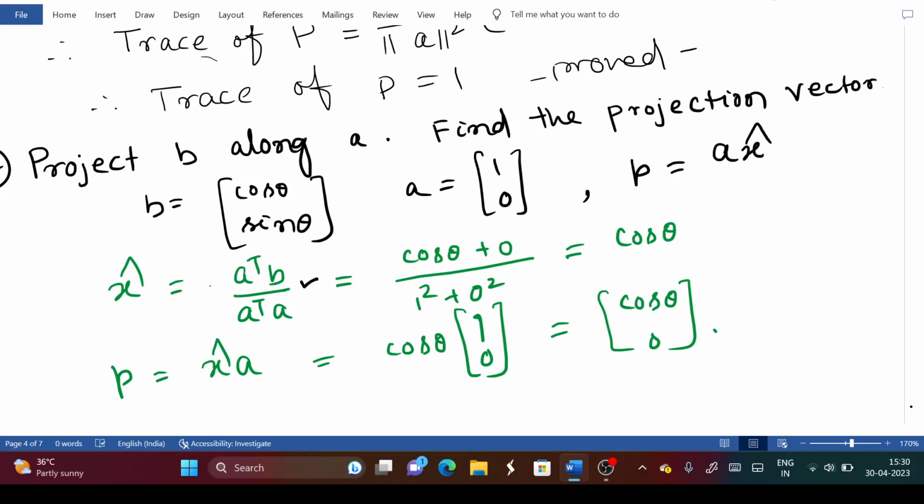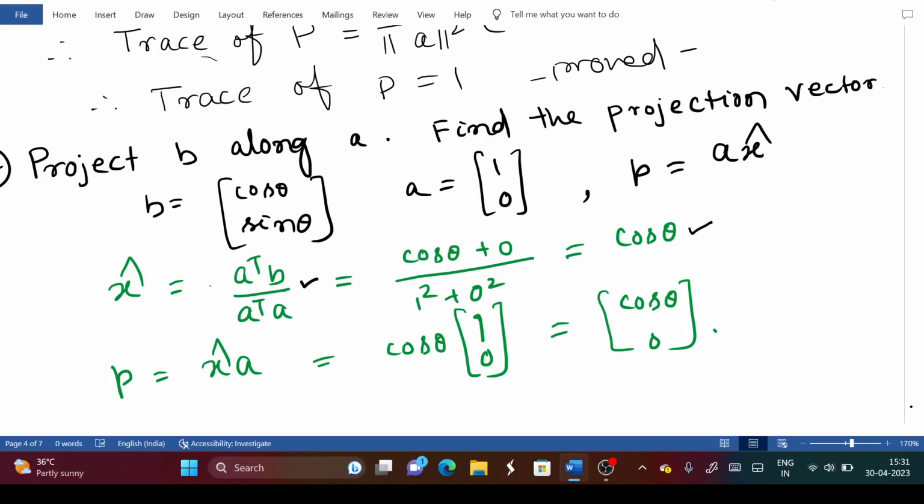Here A transpose B means 1 into cos theta plus 0 into sin theta, that is cos theta plus 0. And what about A transpose A? 1 square plus 0 square, that is 1. So finally the scalar x cap is cos theta.